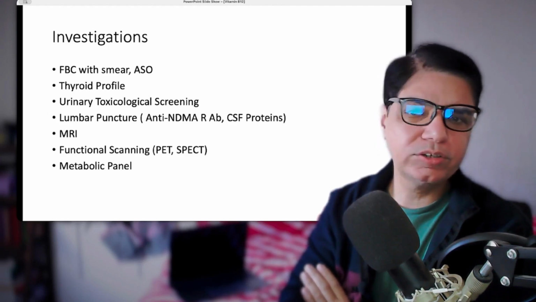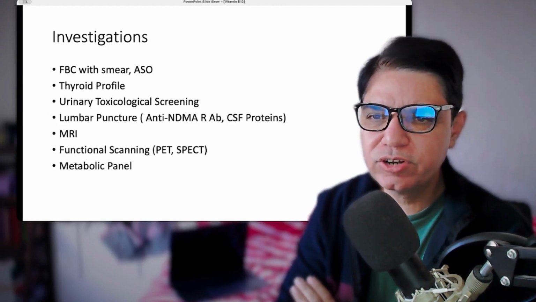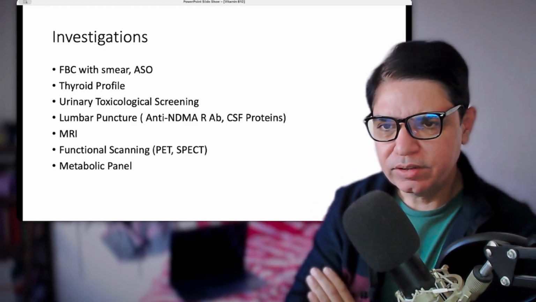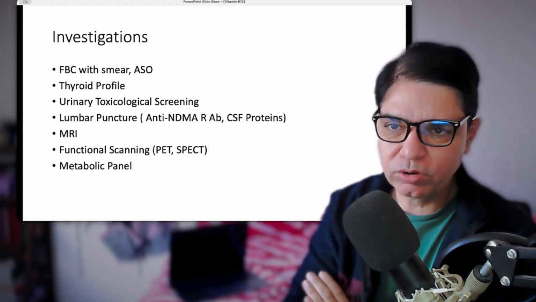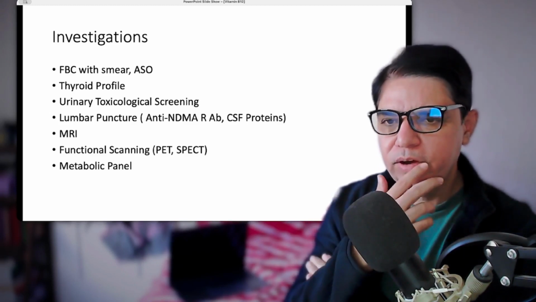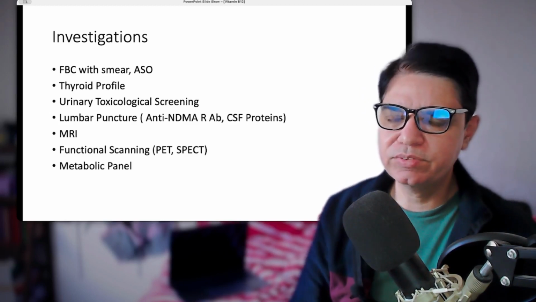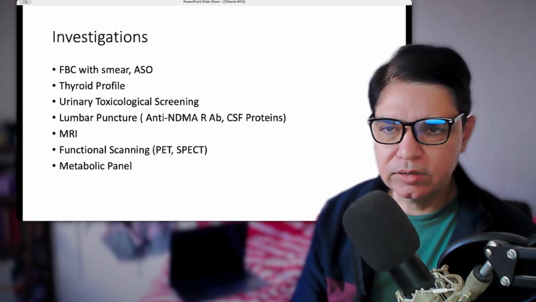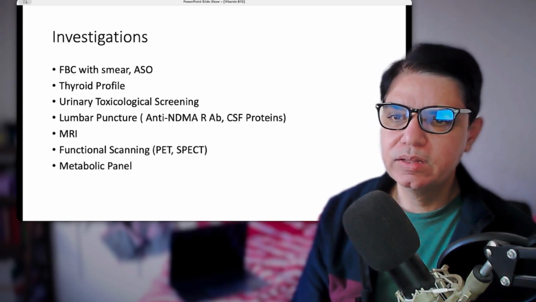These are not diagnostic tests. They just give you an idea that something could be wrong with one of the etiologies that we talked about. Thyroid profile is something that we can do, like TSH and T3 and T4 levels. If there is a problem with thyroid hormones or the thyroid gland, that can pick it up.